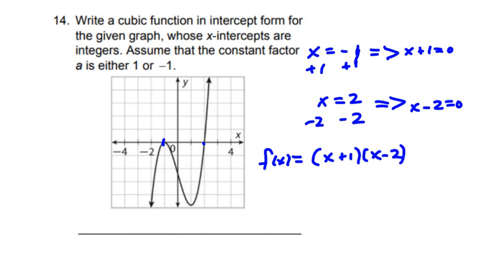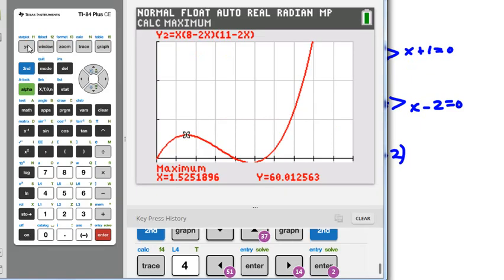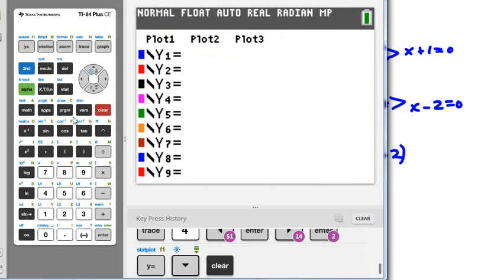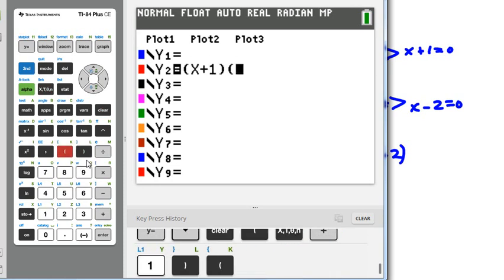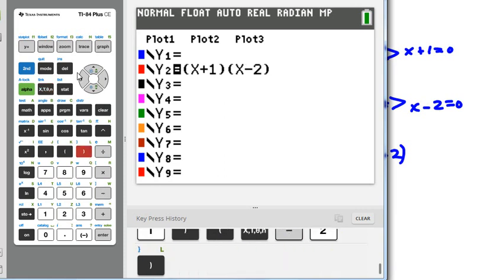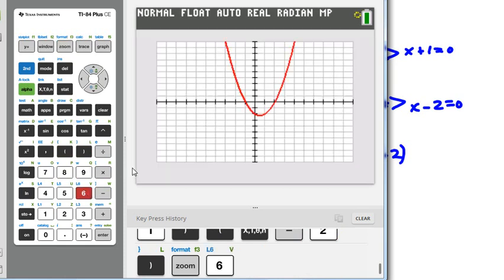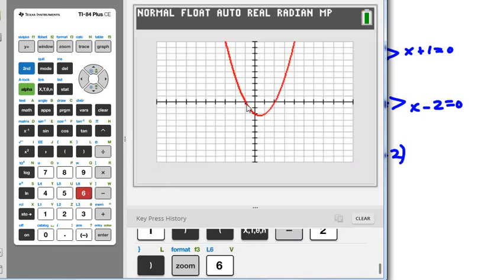If we graph that in our calculator, we enter quantity x plus 1 times quantity x minus 2, and graph this. I'm going to go to zoom 6 to get a standard window. So we have our x-intercepts of -1 and 2.